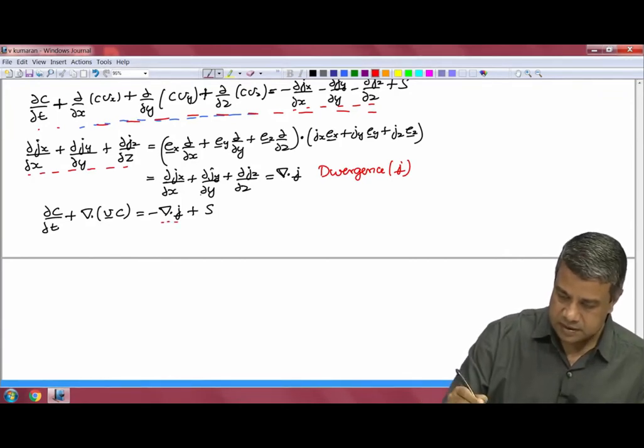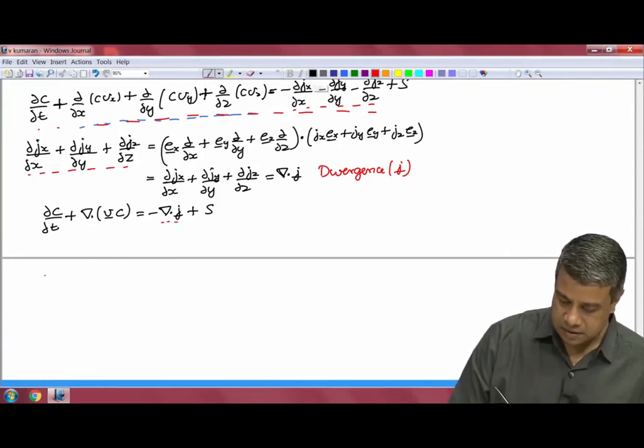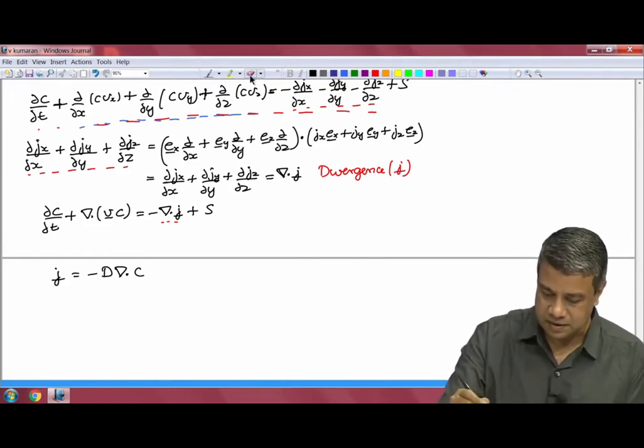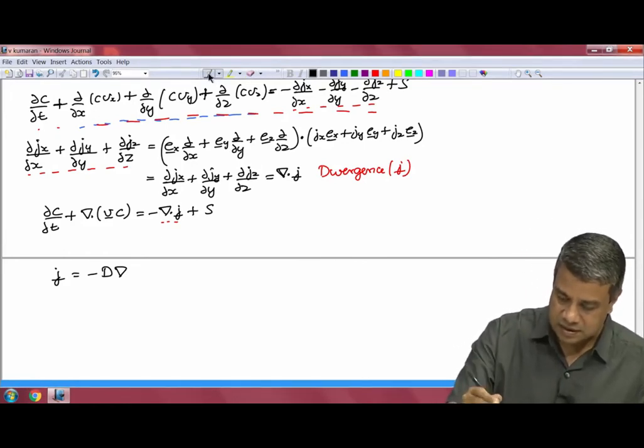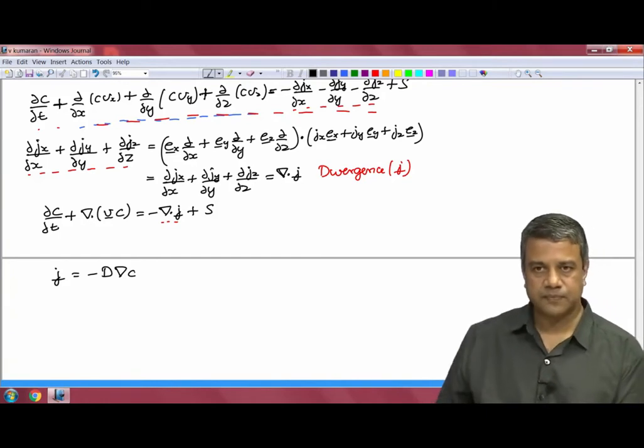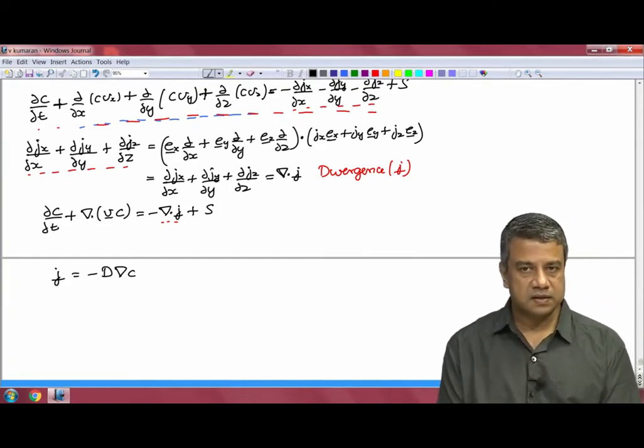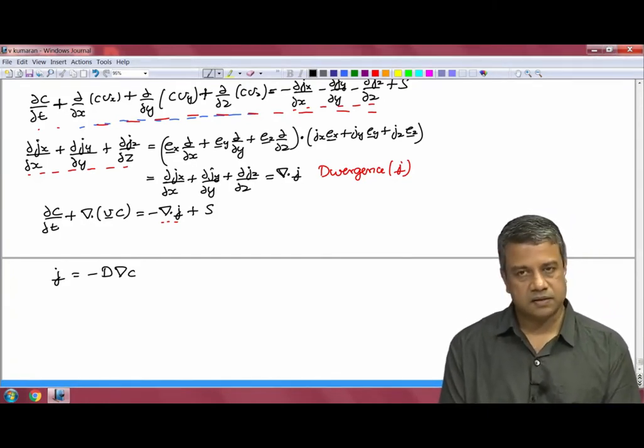And finally, in the second term I substitute the vector flux is equal to minus D times the gradient of c. I am sorry, this is not the divergence, this is the gradient of the concentration. Divergence acts on a vector, the gradient acts on a scalar.